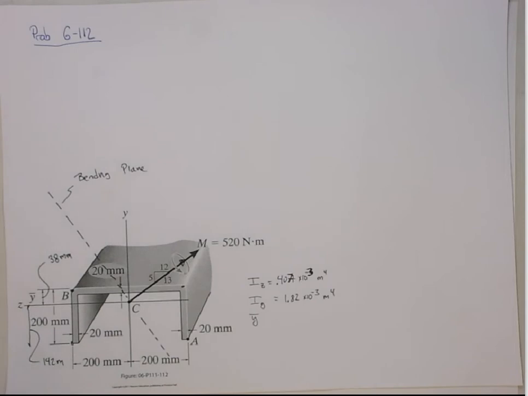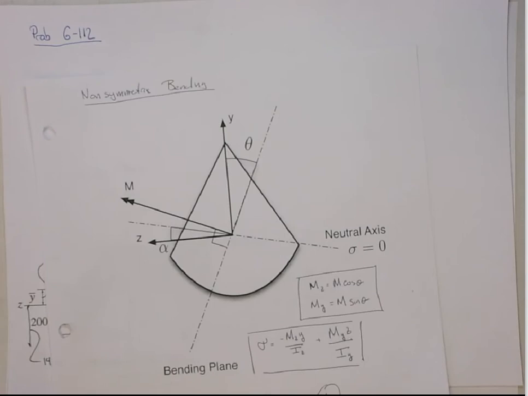I want to focus here more on how to do the actual nomenclature for the bending problem. So let me pull up that little slide. This isn't in the text, but this is the one that I used in class. This gives you the orientation.